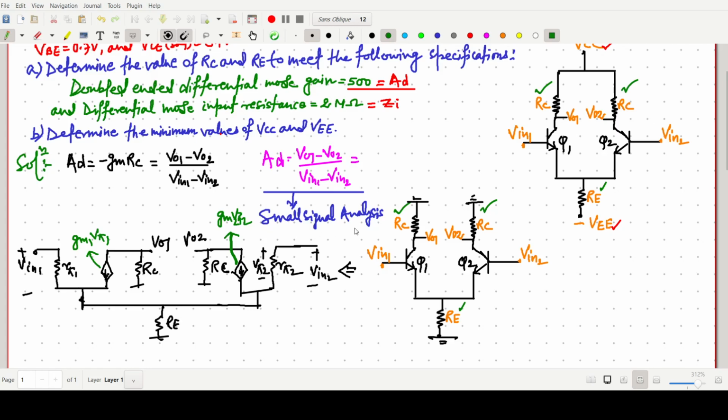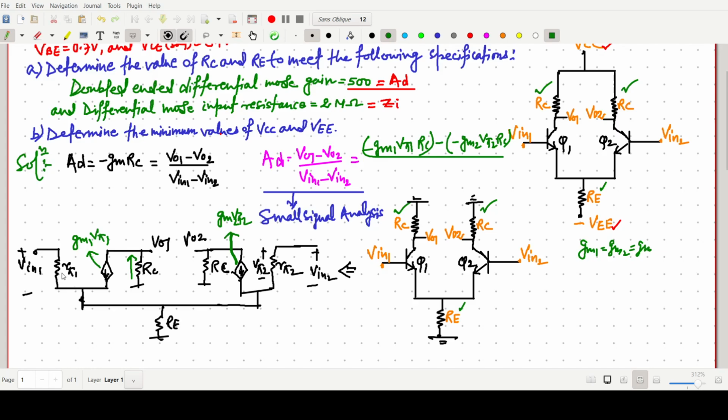We take GM1 equals GM2 equals GM. So V naught 1 equals minus GM1 V pi 1 into RC, and V naught 2 equals minus GM2 V pi 2 into RC, whole divided by V in 1 minus V in 2.